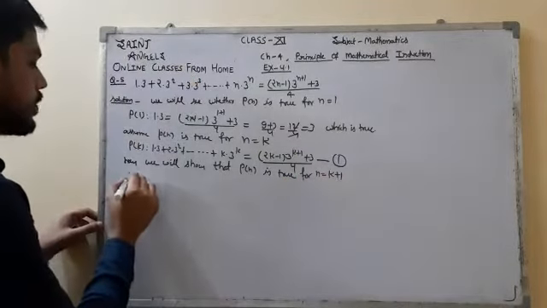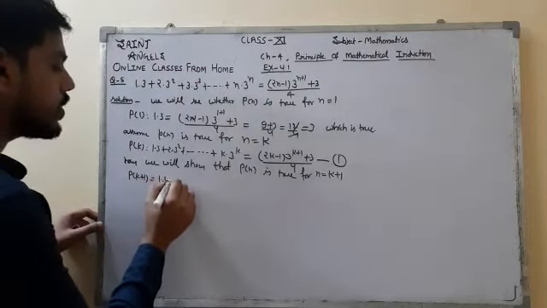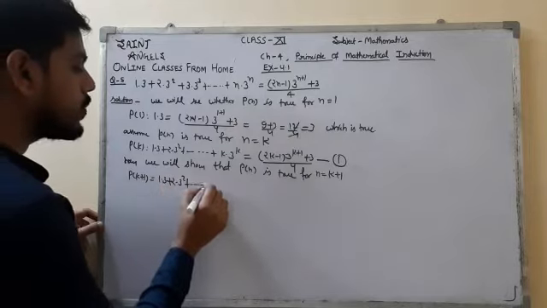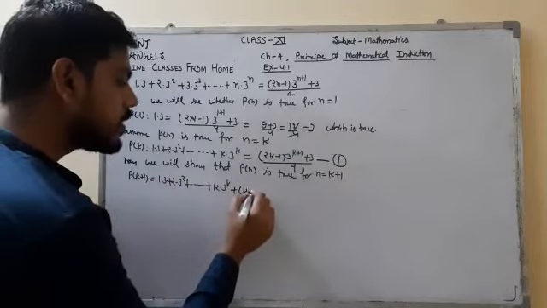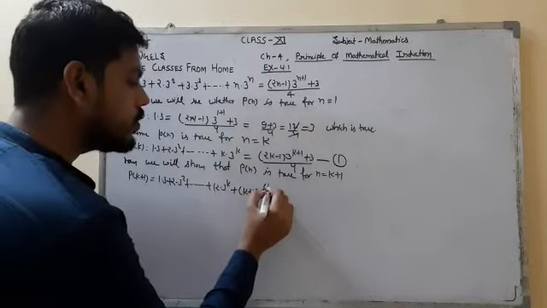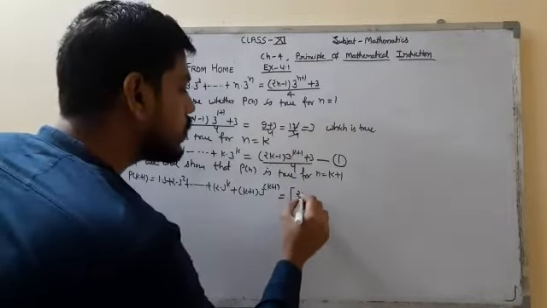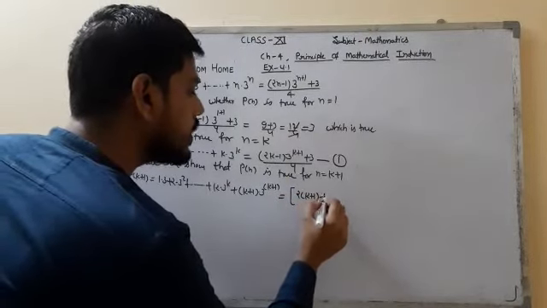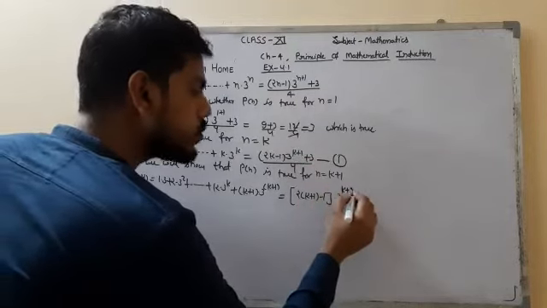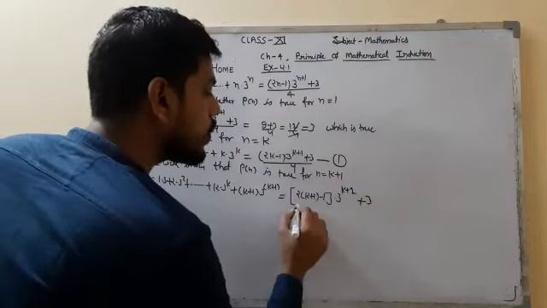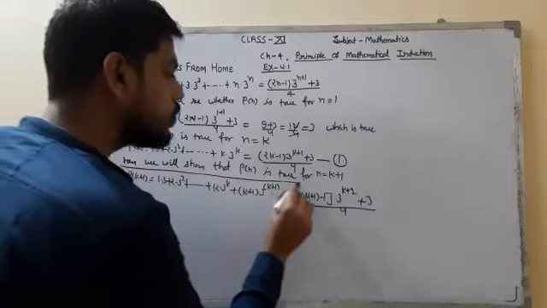It means P(k plus 1) equals 1 into 3 plus 2 into 3 square up to k into 3 raised to k plus (k plus 1) into 3 raised to k plus 1 equals (2(k plus 1) minus 1) 3 raised to k plus 1 plus 1, that is (2k plus 1) 3 raised to k plus 2, plus 3, upon 4. So this statement we need to prove.